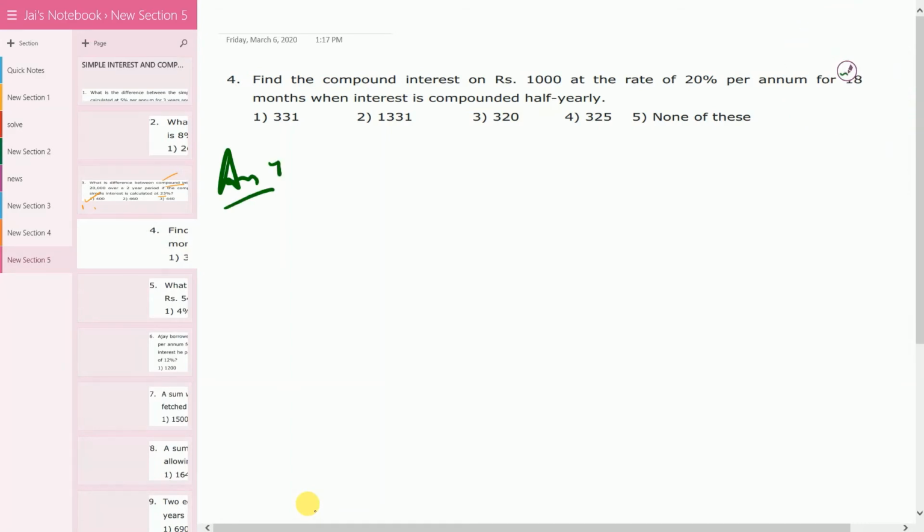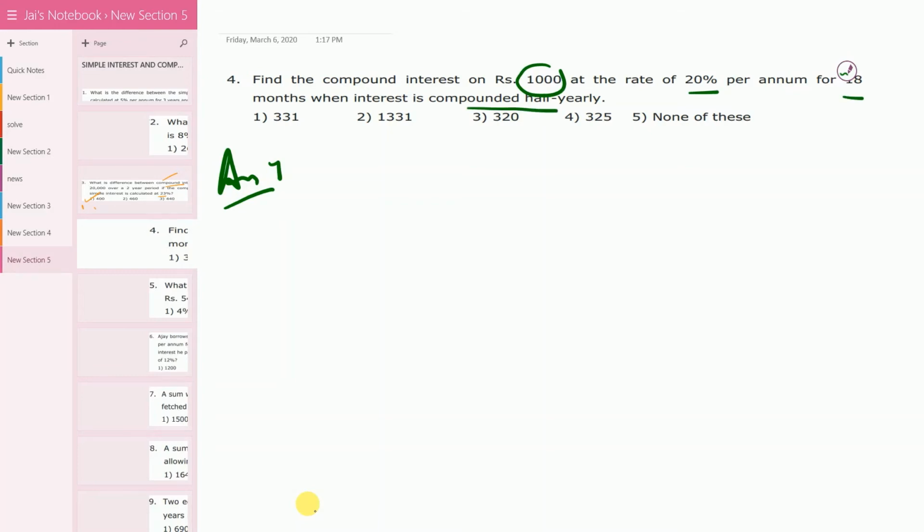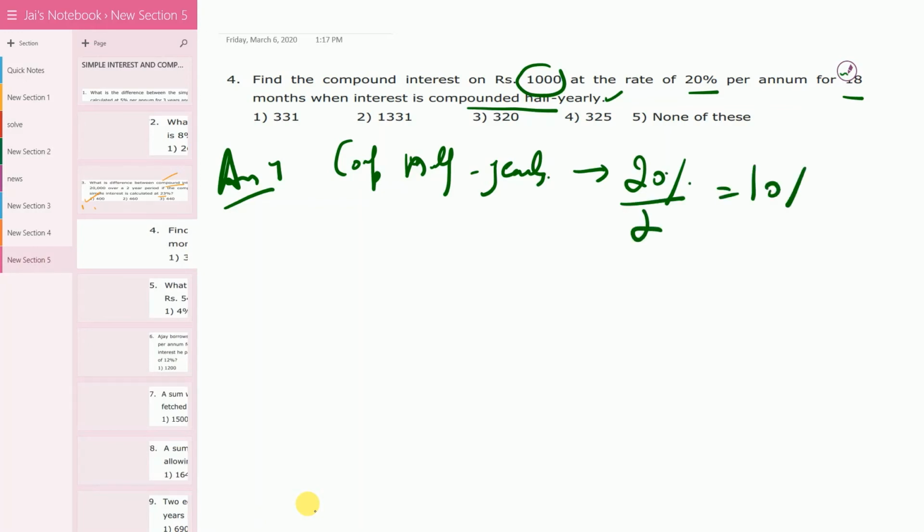Find the compound interest on rupees 1,000 at the rate of 20% per annum for 18 months when compounded half yearly. So here you need to remember one more concept, compounded half yearly. What does this mean? Basically, whenever it is given in the question that it is compounding half yearly, you just need to divide the per annum rate by half, that is 10%.